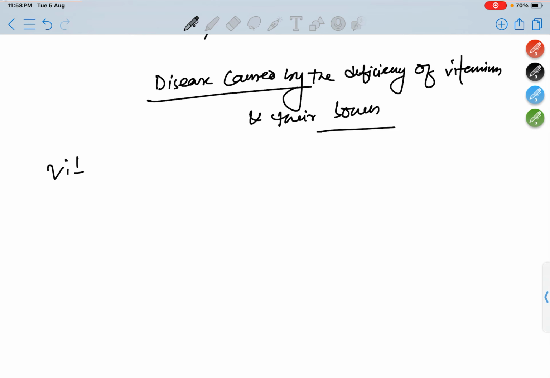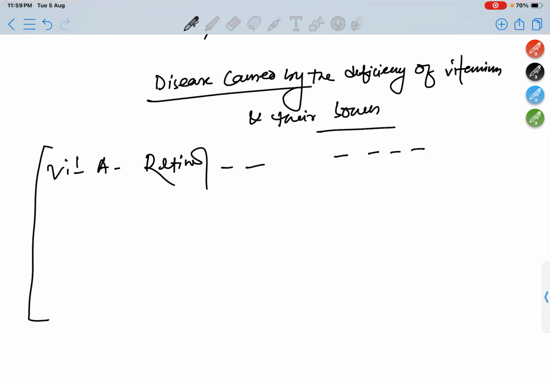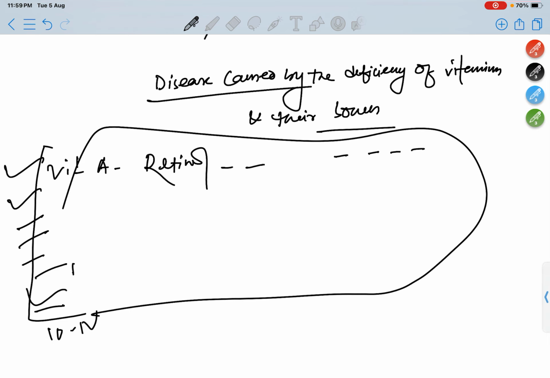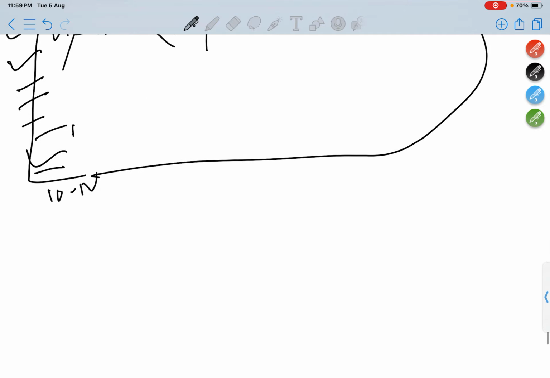Suppose vitamin A, chemical name retinol. Deficiency diseases: color blindness, night blindness, etc. And sources: milk, egg, cheese. So there is a chart, everything: vitamin A, B1, B2, B3, B5, B6. There are many, up to 10 or 12, I think. So you should know this table. This is very important. Then that's it from here.